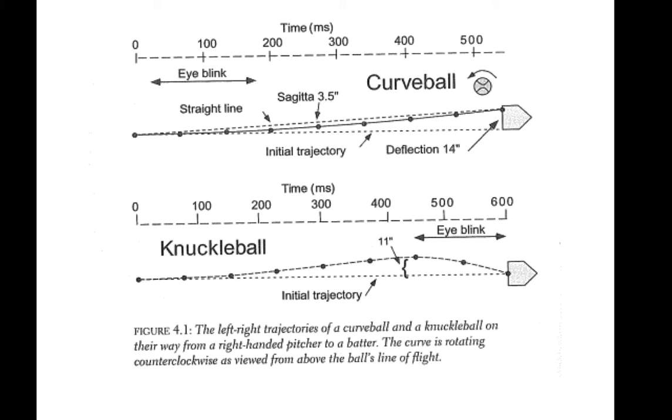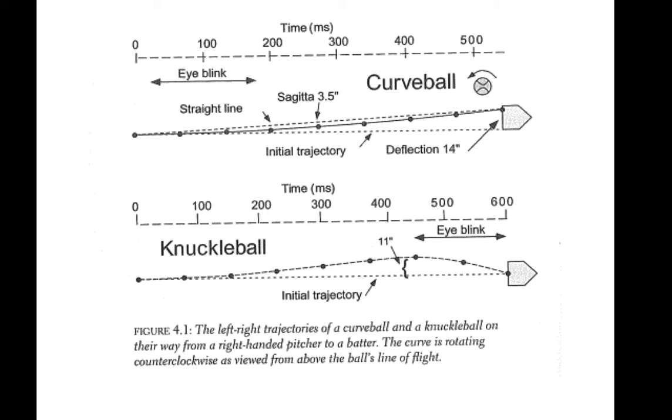Let's take a look at this view from above of a curveball. And so the curveball is starting at the pitcher's mound at the 0 mark, and it's going the 60 feet 6 inches to home plate. And you can see above the time that is required to get there is shown, 500 milliseconds or so.